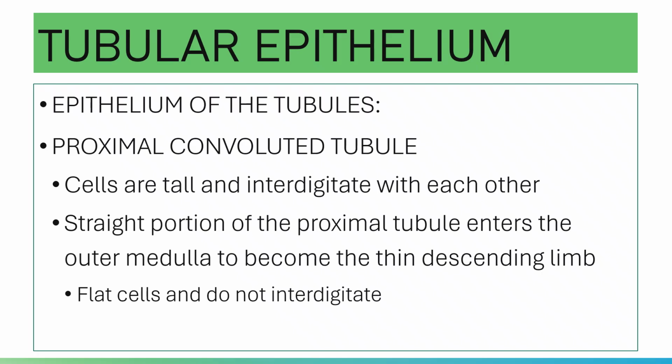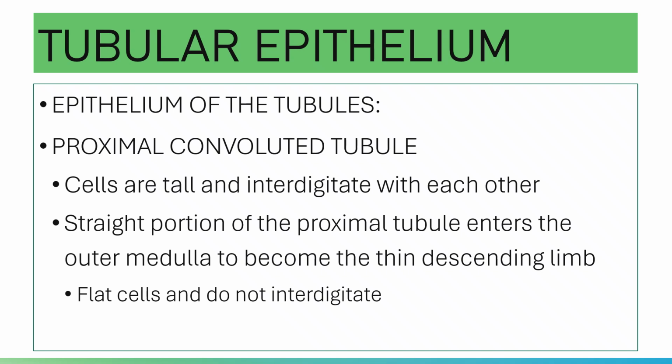In the proximal convoluted tubule, there are interdigitations of the epithelia, but there is also a brush border. Your simple cuboidal epithelium of the PCT has a brush border, and this brush border provides maximal area for filtrate reabsorption.